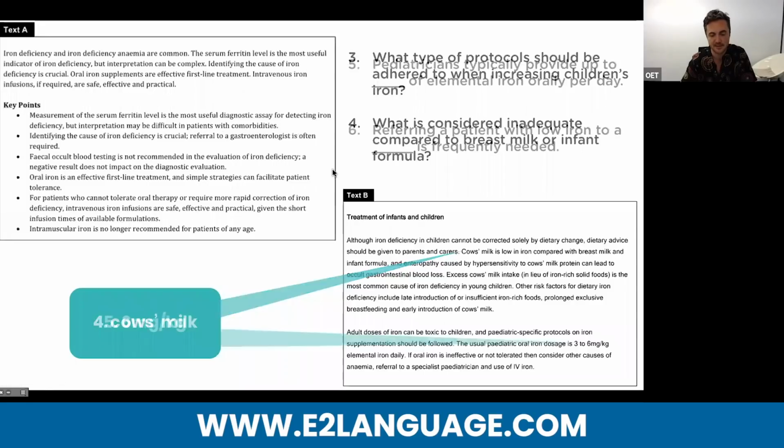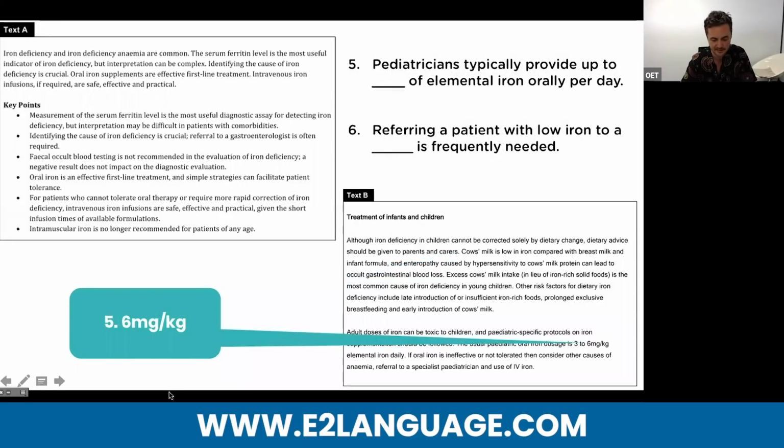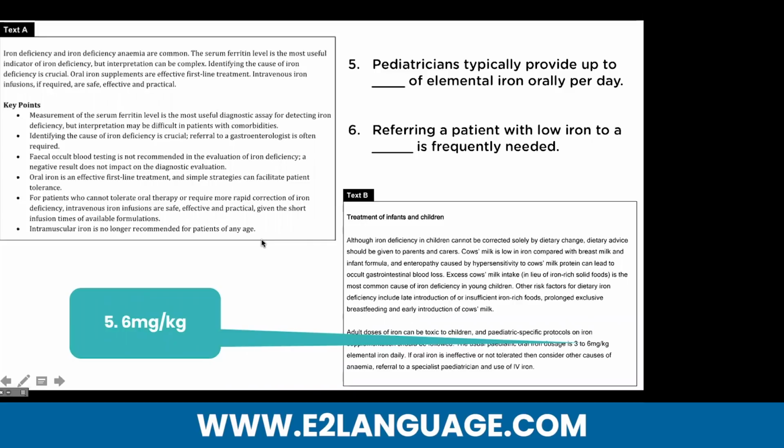All right, let's do these ones here. Look at the answers. Pediatricians typically provide up to what of elemental iron orally per day? Now, I bet a lot of you got this wrong because you included the 3 to 6 milligrams per kilo. You've actually located the text correctly, and the particular detail correctly. However, you haven't read the question carefully enough.